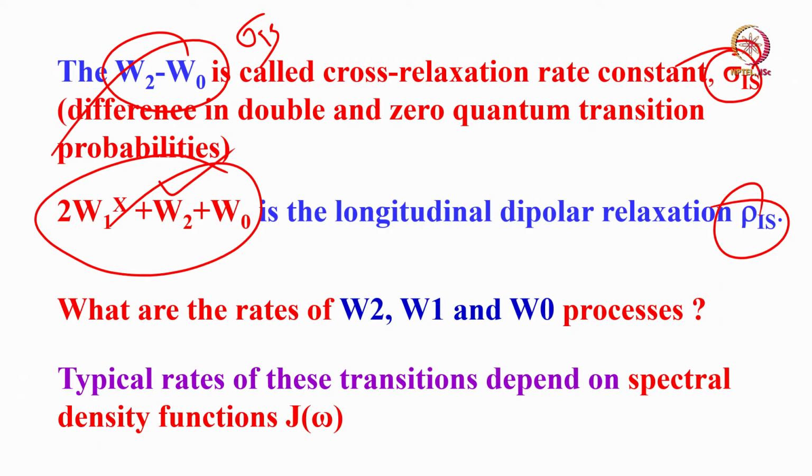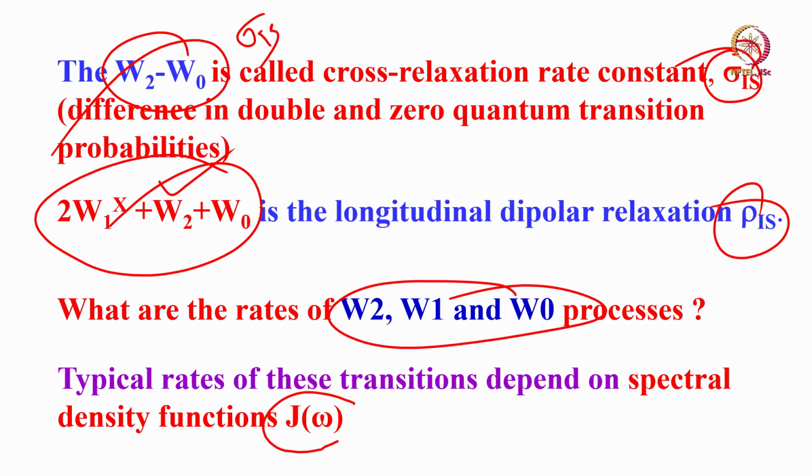Now, what are the rates of the W2, W1, W0 processes? We discussed this, not with respect to this, in the T1 measurement and relaxation. When we discussed the concept, we knew that for dipolar interaction, dipolar relaxation, there are processes which give rise to certain frequencies which aid the spin system to give its energy to the lattice through dipolar interaction. And we discussed that they are called spectral density functions, J omega.